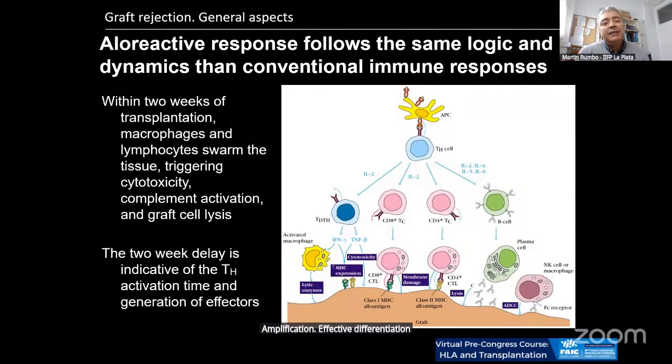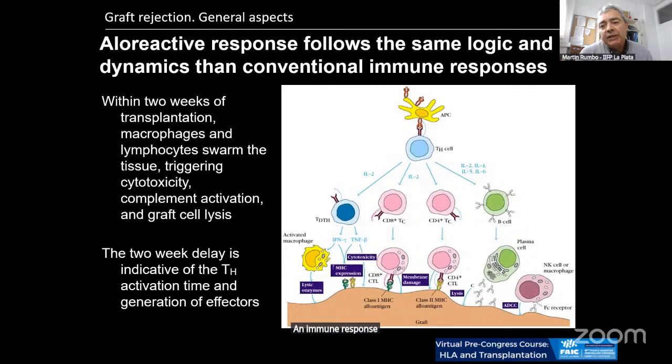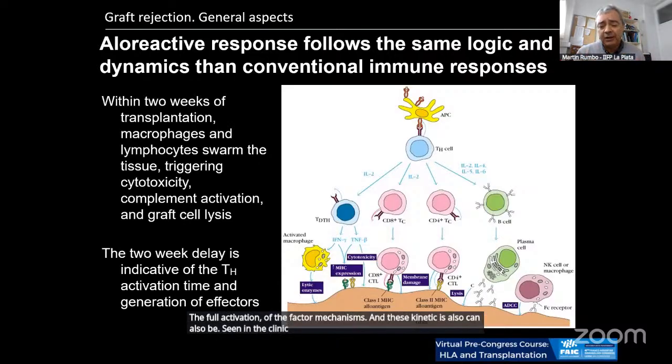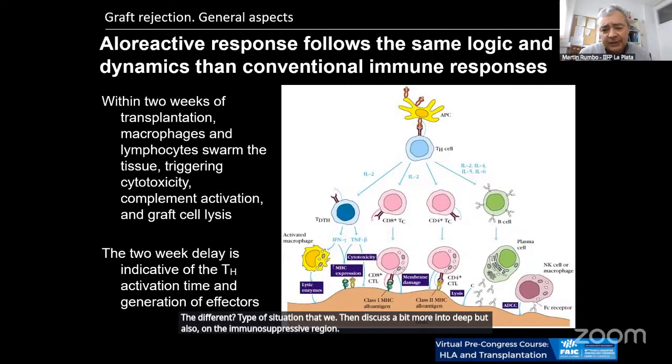So normally this has the kinetics of an immune response in which we need some days from the initial allorecognition events to the full activation of the effector mechanisms. This kinetic can also be seen in the clinic, depending on the type of situation that we will discuss in more depth, but also on the immunosuppressive regime that is used.